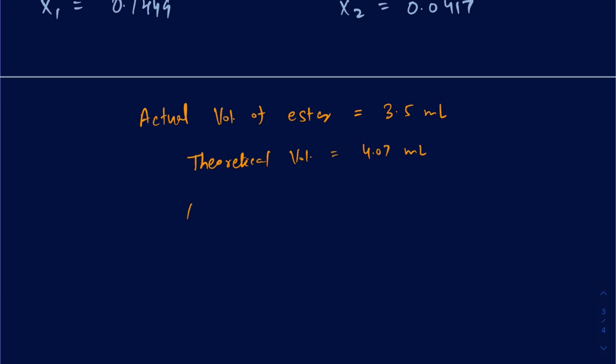So I can find the percent yield as 3.5 milliliters divided by 4.07 milliliters times 100. You can very well calculate this percent yield from the grams of ester that you're supposed to retrieve and actually got. It will still give you the same number, so it doesn't really matter. So 3.5 divided by 4.07 gives you roughly 86 as your percent yield in this particular case.